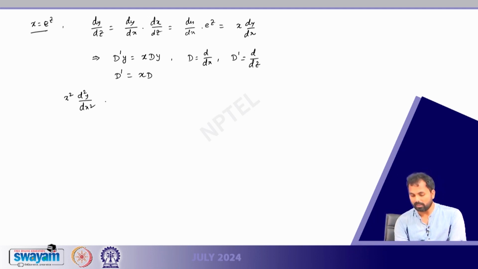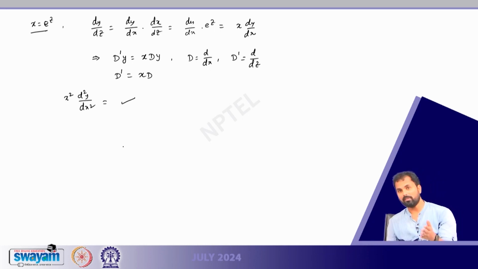Depending on these expressions, you substitute them back into the given ordinary differential equation. Now it is no longer with respect to x; you have the independent variable z and the dependent variable y. Accordingly, the right hand side, which was a function of x, will now be a function of z.